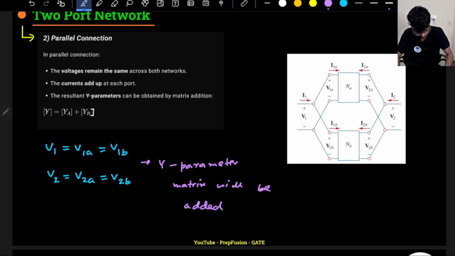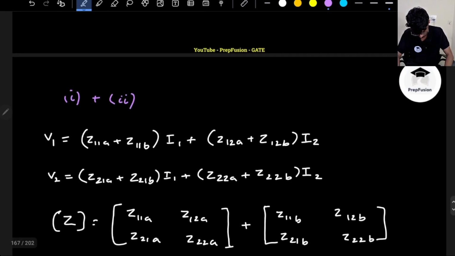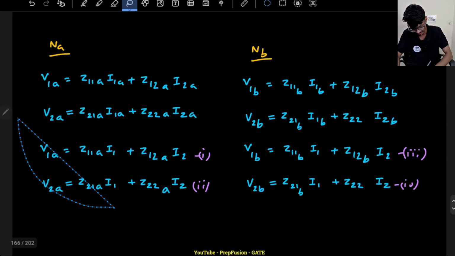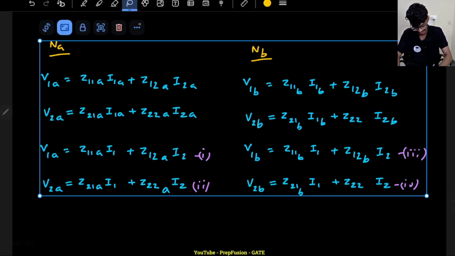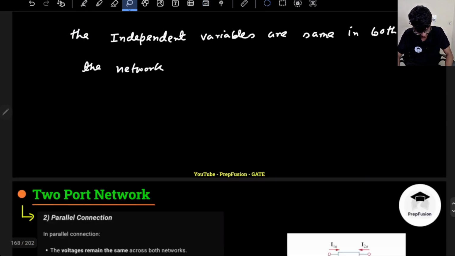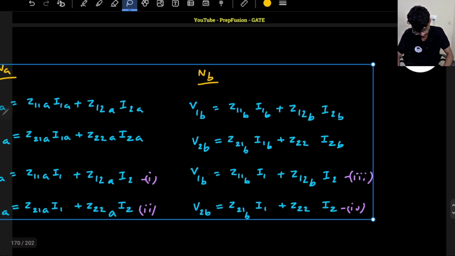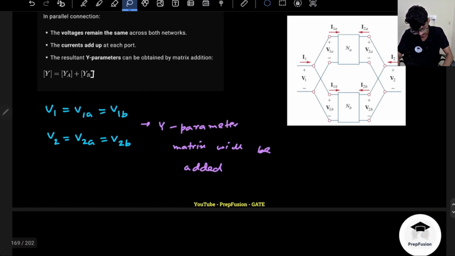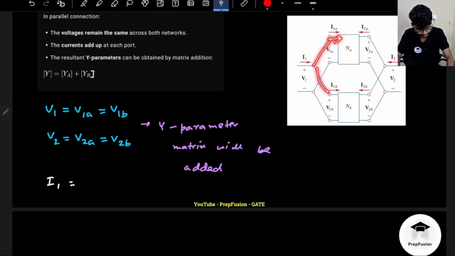Now I will take a bit of a shortcut. I'll just copy the previous thing and change everything to Y. I hope you will not be angry about this. So my voltages are the same. What about the currents? The port 1 current I1 is getting divided into two values: one goes to I1A, another goes to I1B.